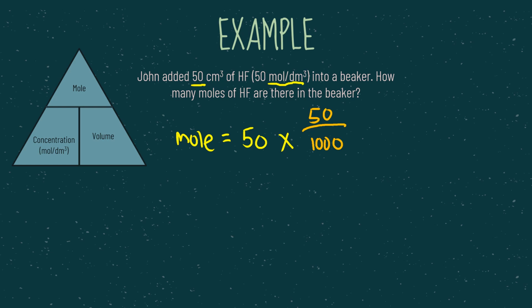So this equals 50 times 0.05, which is equal to 0.25 mole. And that's our final answer. This is how we find the number of moles when we're given mole per dm cube.